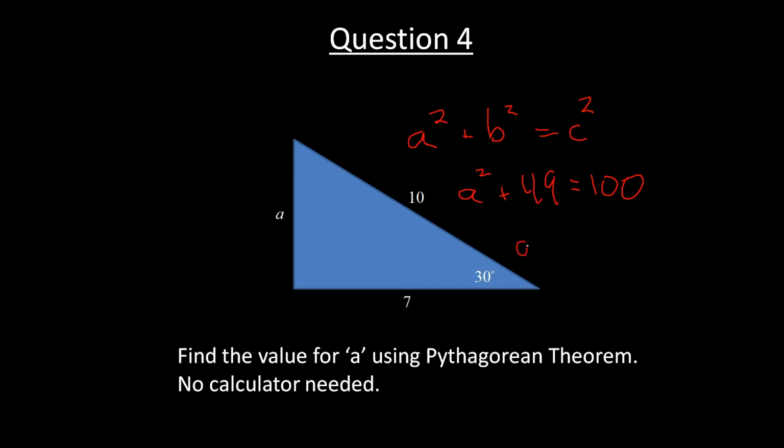So A squared must be 51. And so A must be the square root of 51. And that's our answer.